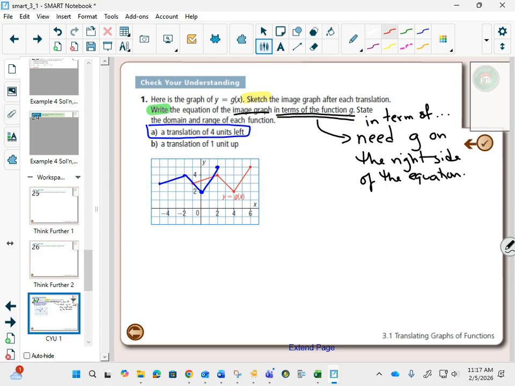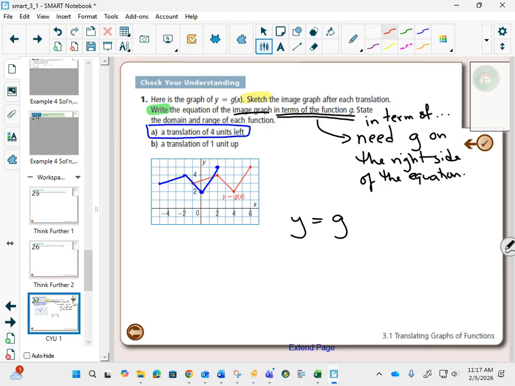If it says in terms of x, you will need x's on the right-hand side of your equation. So I need to write an equation. An equation has an equals sign, okay? And so I'm going to write my equation as y equals, and on the right-hand side, I need the function g.